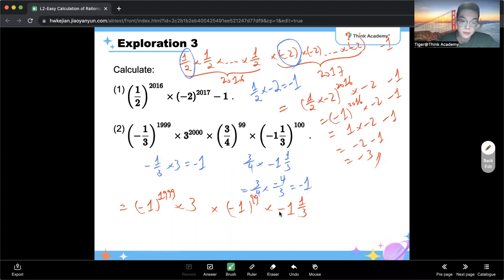So the next step is, we know that -1 to the power of 1,099 times -1 to the power of 99 is equal to -1 to the power of 2,098, right? So is that positive or negative? You still remember what we have learned yesterday?